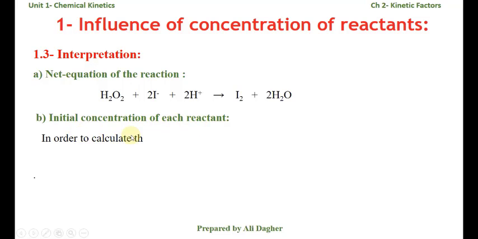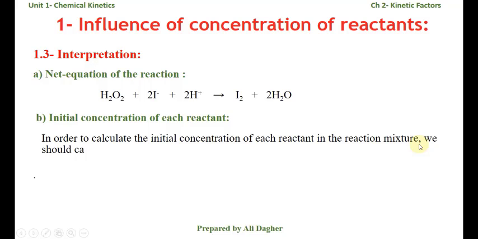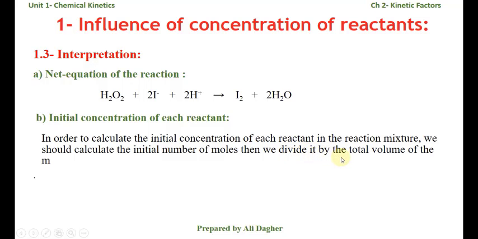In order to calculate the initial concentration of each reactant in the reaction mixture, we should calculate the initial number of moles, then divide it by the total volume of the mixture.